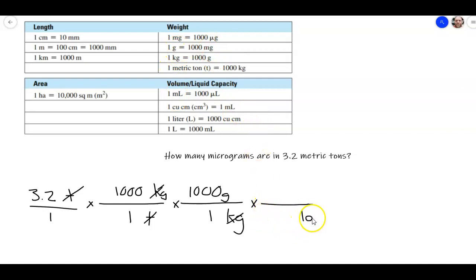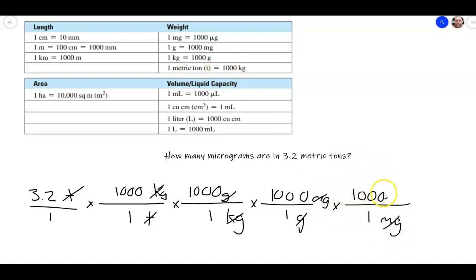So the gram goes down here, so it cancels out with this gram here, and that's equal to 1,000 milligrams. And I'm getting closer, and I need to do it one more time here. So I know that 1 milligram, so it cancels out here, is equal to 1,000 micrograms.